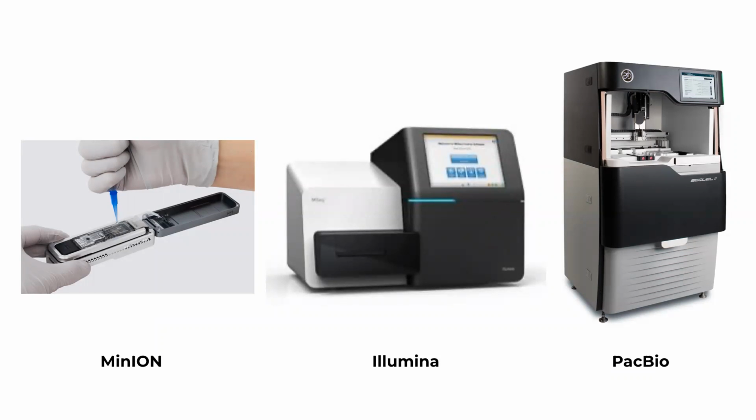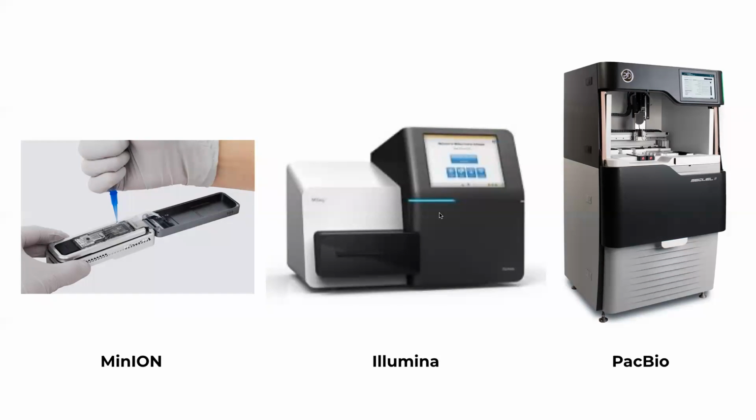So here are some examples of machines that produce this kind of sequencing information. MinION is a handheld device where you can put a sample and it will produce the sequence. You have Illumina that allows you to fill a whole number of slots with material and sequence it.